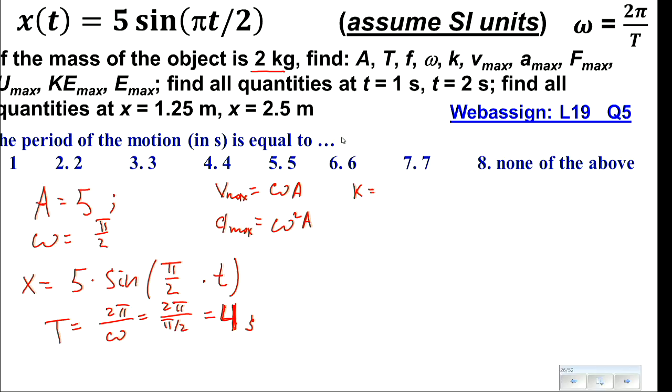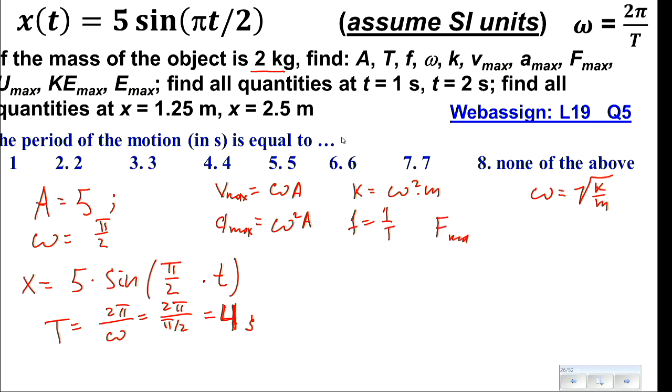So we also know that omega should be equal to the square root of K over M. So to get K, that should be omega squared times M. We just keep applying equations for everything we need. So where else? Well, frequency is 1 over T.